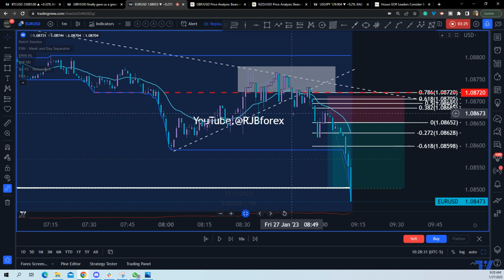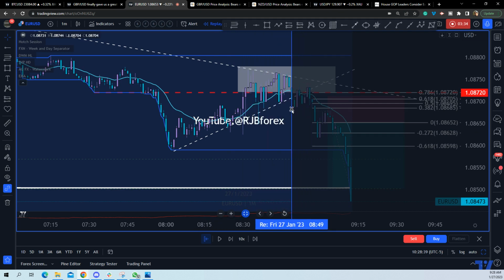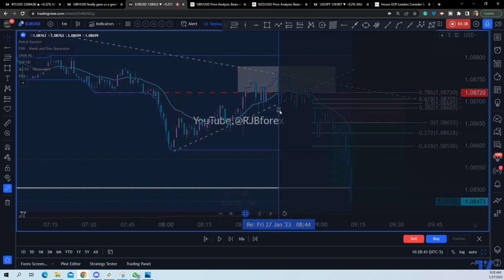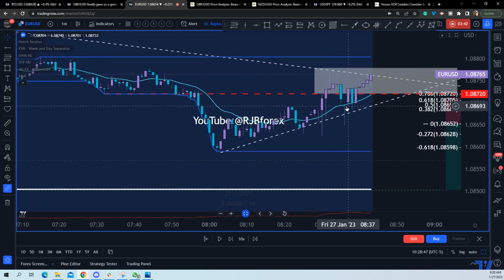You've got the 45-minute rotation. So news has been released. This is the 15-minute candle.